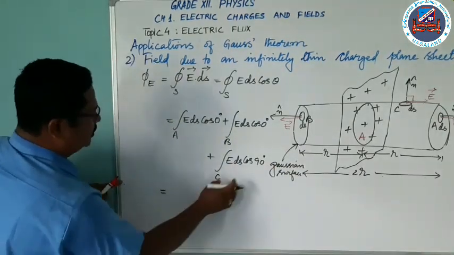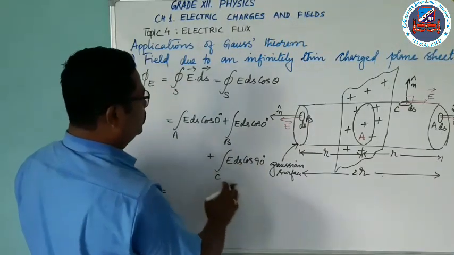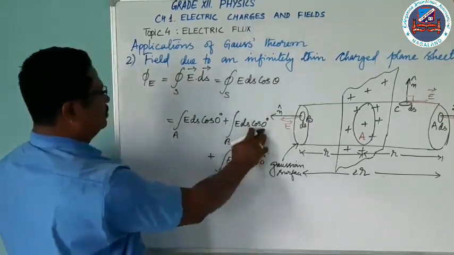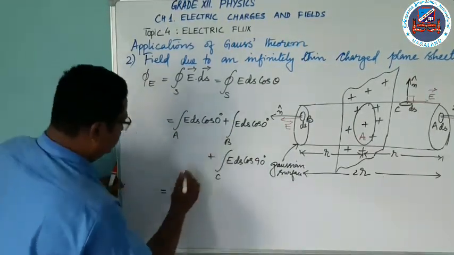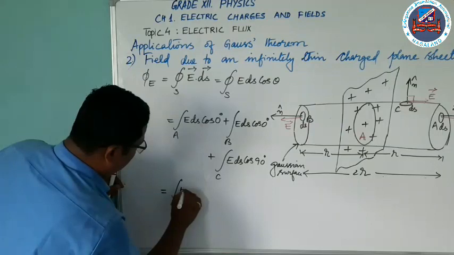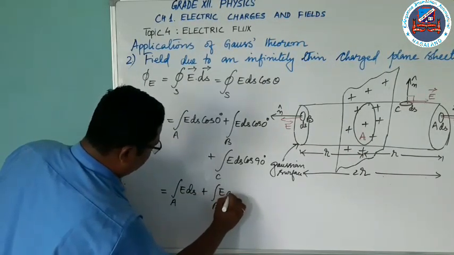So this third term C will vanish because cos 90 is 0. Cos 0 is 1, so E dS at A and B will remain. So at A you have E dS, then at B also you have E dS.